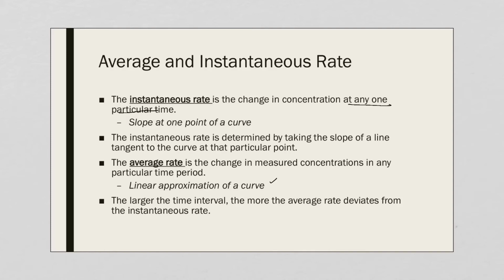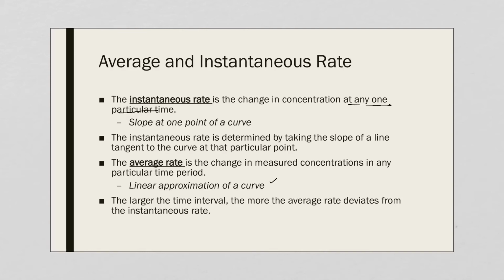Now, of course, the larger the time interval, the more the average rate will deviate from a given instantaneous rate. So if we look at very short time periods, it's going to be very close to the instantaneous rate at some time within that time period. But as we expand over a larger period, then the average rate is going to be much more different than the instantaneous rate at any given time during the reaction.